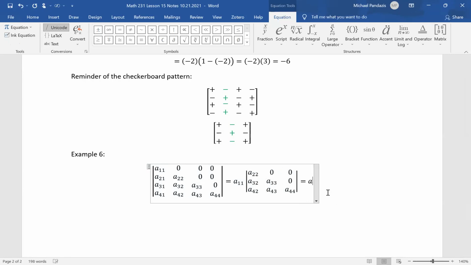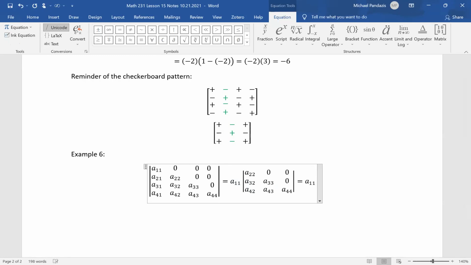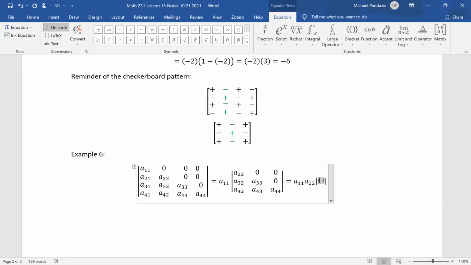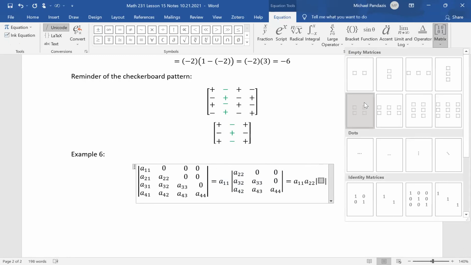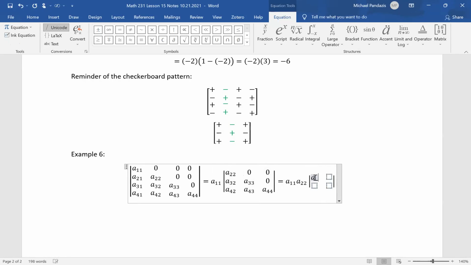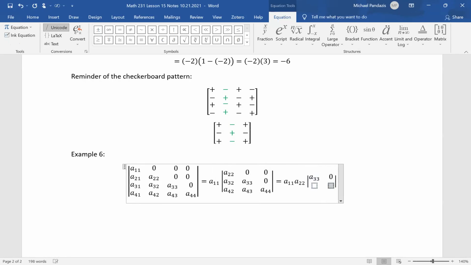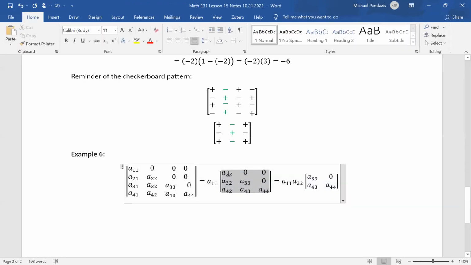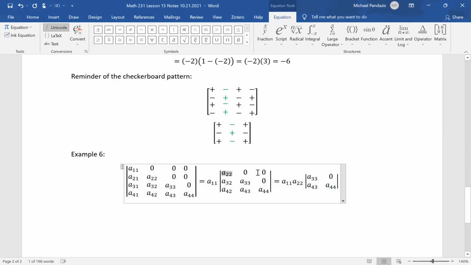And if you take the determinant of that, you already have A11. If you take the cofactor expansion along the first row again, only the first term matters, and it's A22 times the determinant of its corresponding submatrix, which is the determinant of a 2x2 matrix: A33, 0, A43, A44. If you remove the row and column this entry is in, you're left with this submatrix.